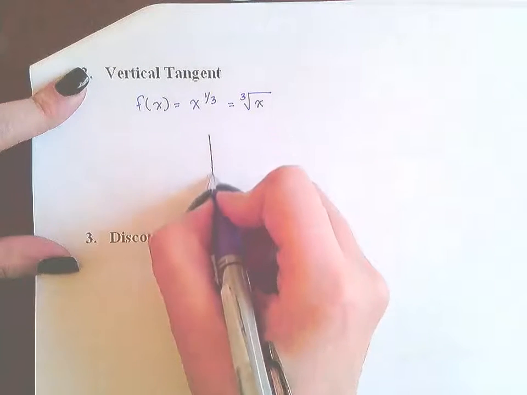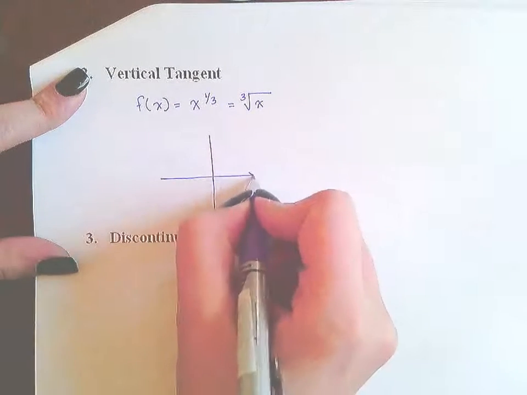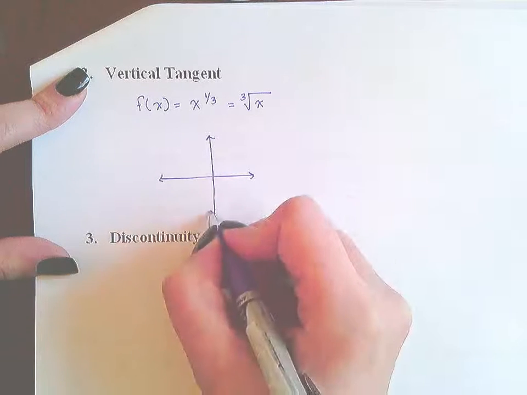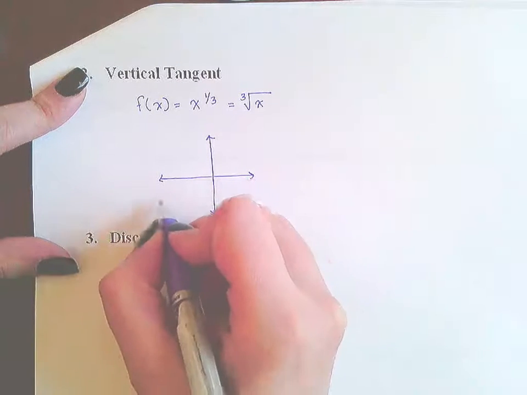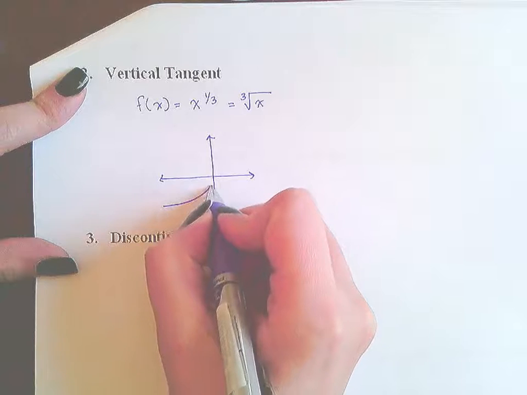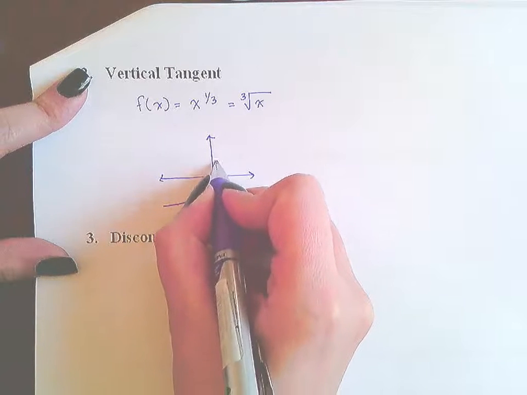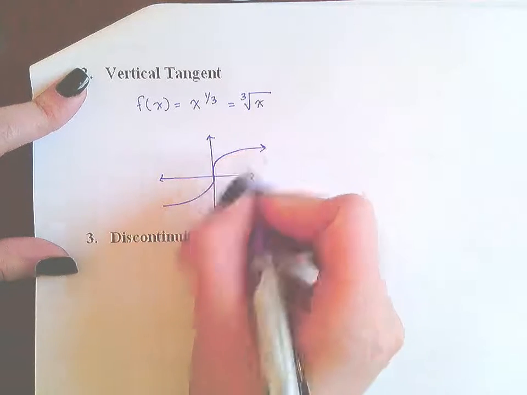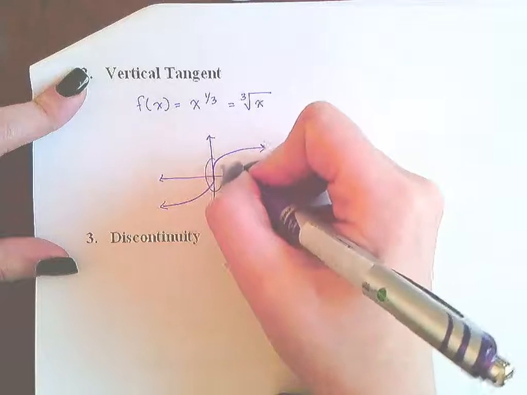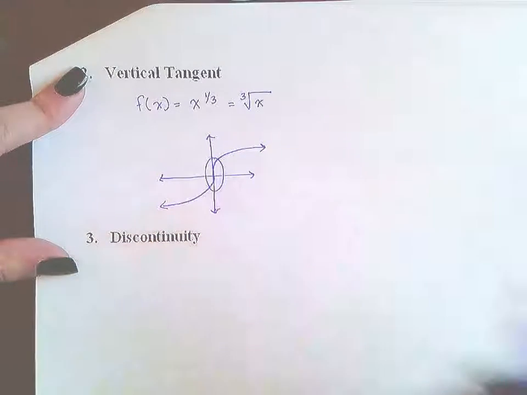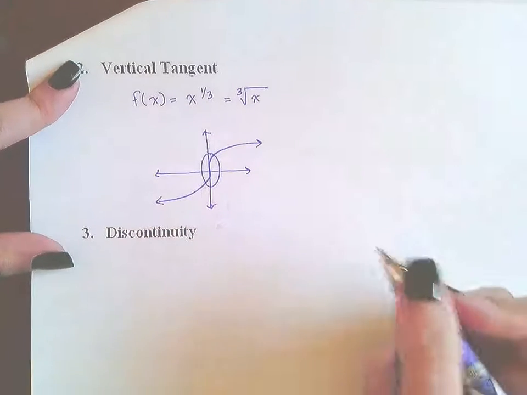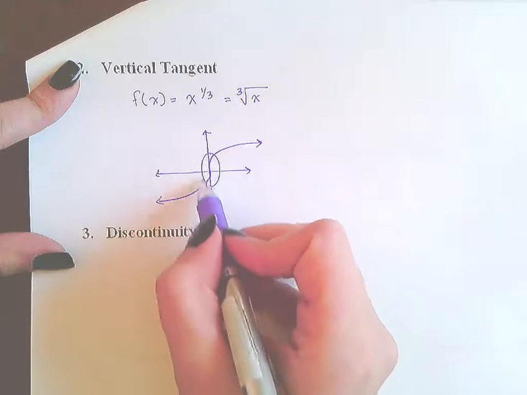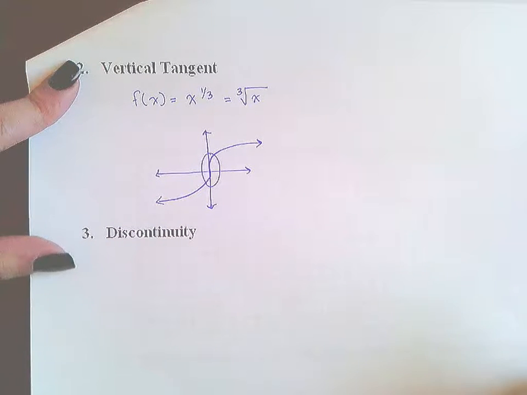And this graph looks like this. So the graph starts off somewhere down here, and then at some point the slope becomes undefined, and then it picks up again. So at this point right here, the slopes of this function are undefined, which means the derivative does not exist in that area.